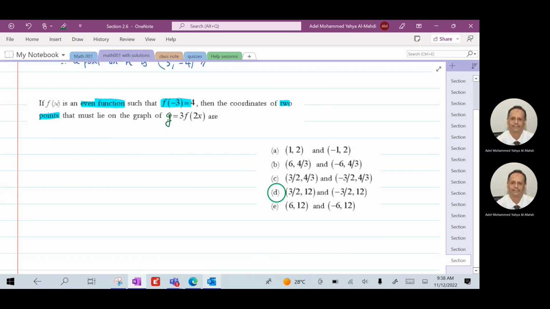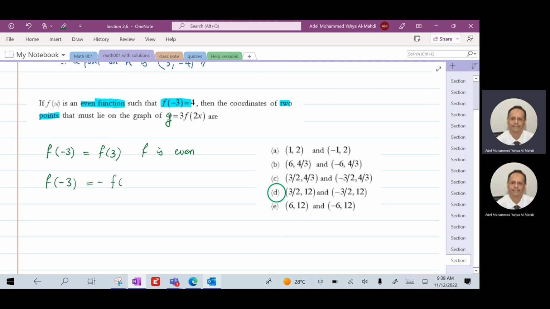So the idea is here, we know that f at minus 3 is exactly f at 3. Why? Because f is even. If he said f is odd, f at minus 3 is equal to minus f at 3. So I remove this one, but it is for your information.